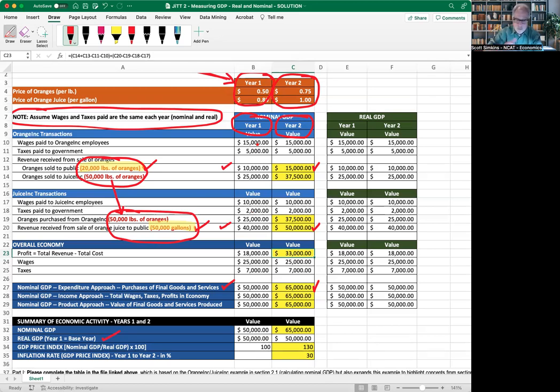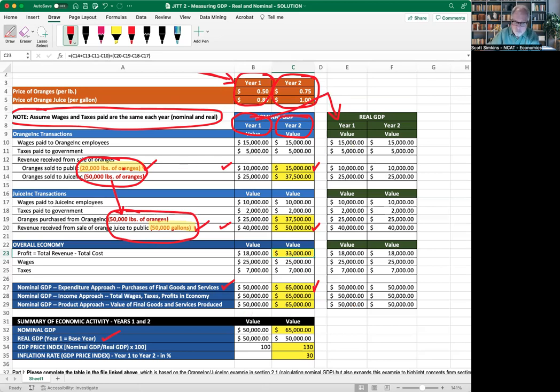But when year 1 is the current year, that's also the base year, so the numbers have to be the same. So nominal GDP and real GDP in the base year have to be the same. So the numbers are all the same as they are for year 1 of nominal GDP. We didn't even need to do any calculations to figure that out. We could have done it.